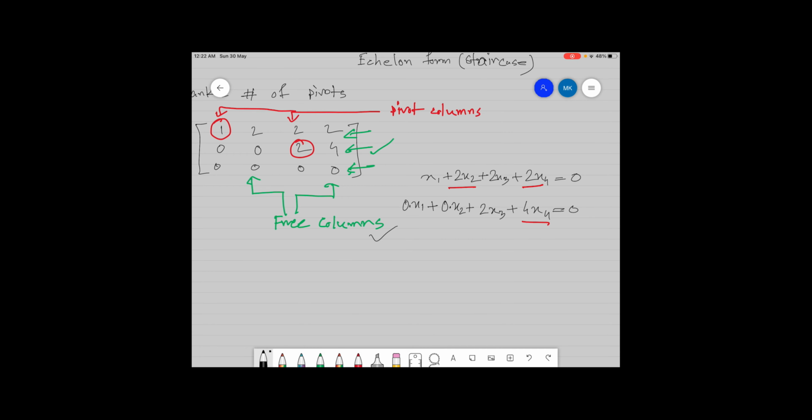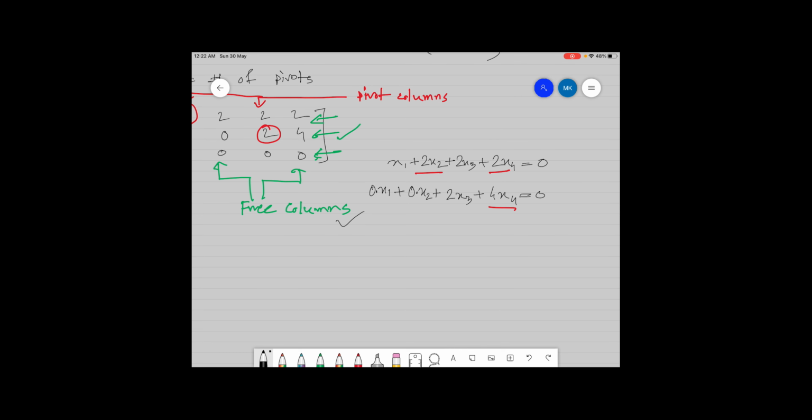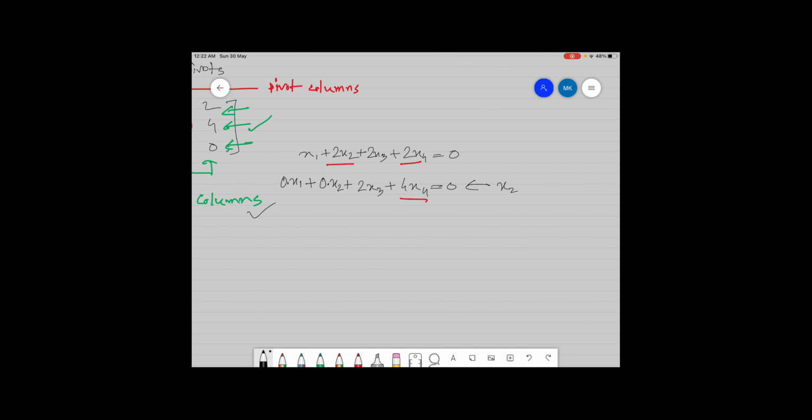So let's say for this equation we have x2 equals 1 and x4 equals 0. If x4 equals 0, then x3 equals 0 as well, and x2 equals 1.